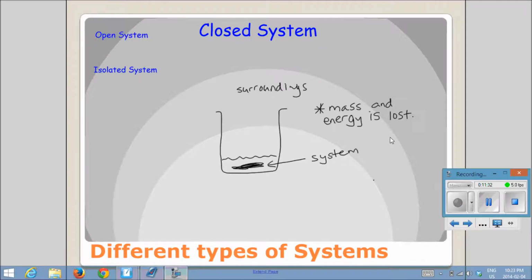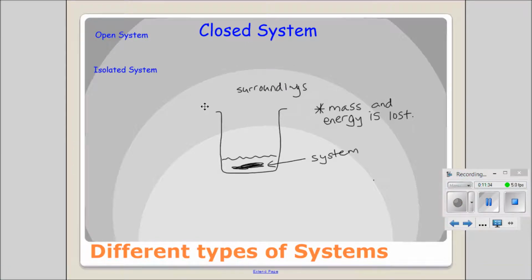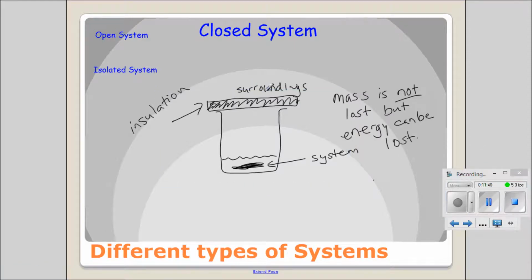In a closed system, imagine that we have some form of insulation on top of our beaker here. So in this closed scenario, we have our insulation on top here. Now, like my beautiful drawing here, it doesn't look perfect. But I know the difference in a closed system is that mass is not lost, but energy can be lost. So this insulation is preventing the mass from leaving.